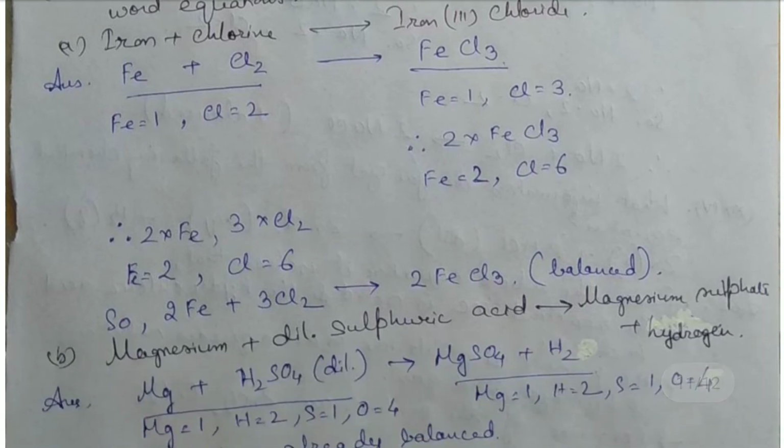Then we multiply the reactant side: the Fe on the reactant side by 2, and the chlorine Cl2 on the reactant side by 3. So we get Fe is equal to 2 and Cl is equal to 6. Now both the reactant side and the product side, the masses are the same, or rather you can say the number of atoms on both sides is the same. So the balanced equation will be 2Fe + 3Cl2 gives us 2FeCl3.